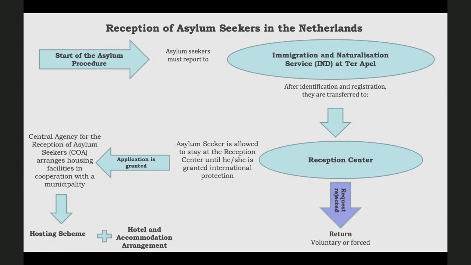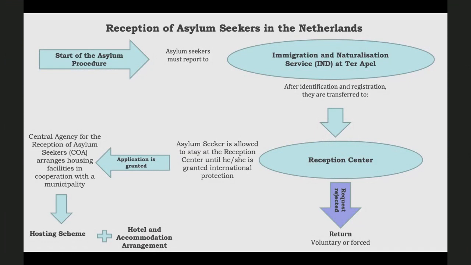According to the hosting scheme, recognized refugees can stay with family and friends awaiting their house for up to 3 months. And the COA agency gives an additional payment of 75 euros per week to refugees aged over 21 years old to encourage them actually to access this.